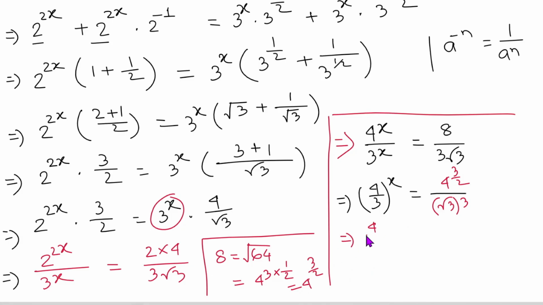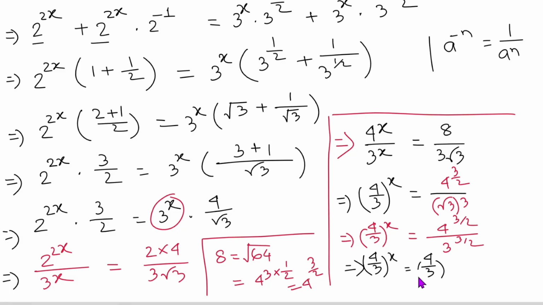Now 4 by 3 to the power x equals, here 4 to the power 3 by 2, and this root once we omit, we also can write 3 to the power 3 by 2. Then here is 4 by 3 to the power x equals similar 4 by 3 to the power 3 by 2.